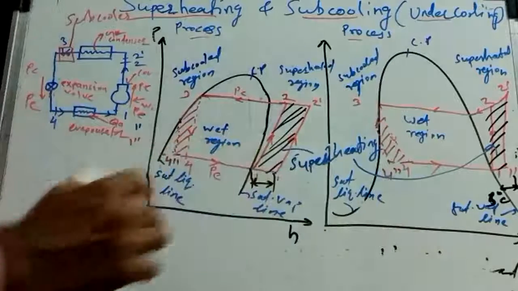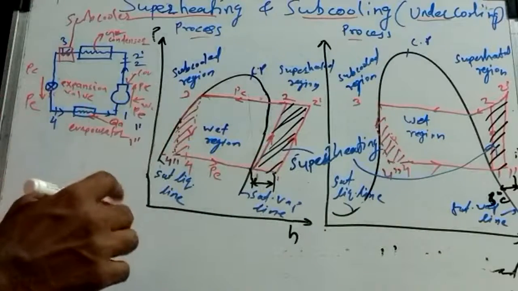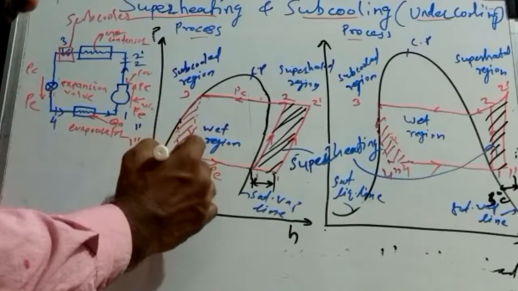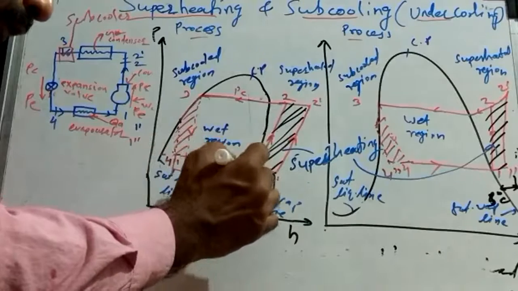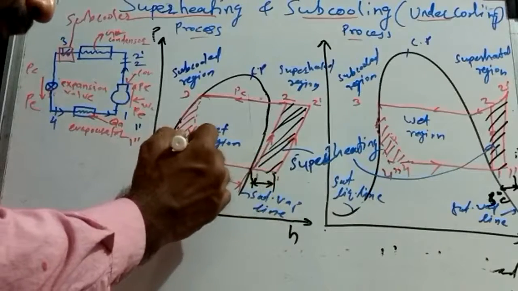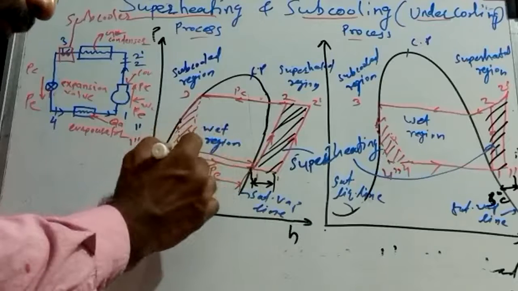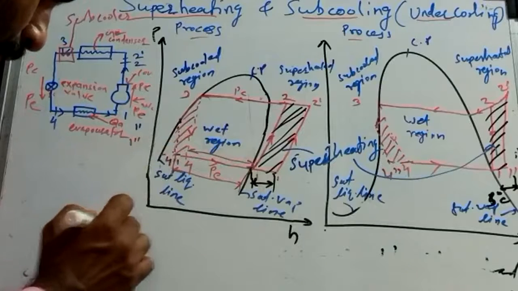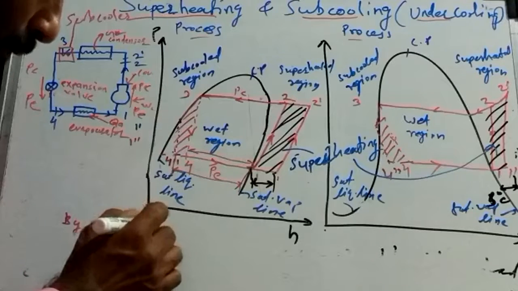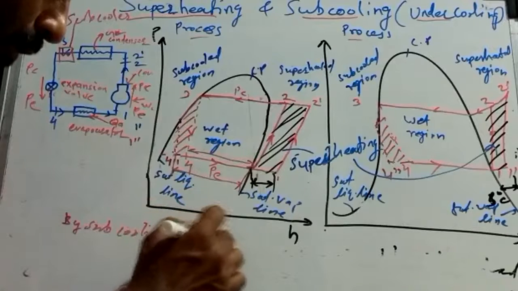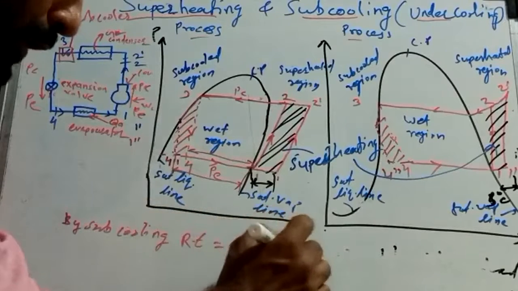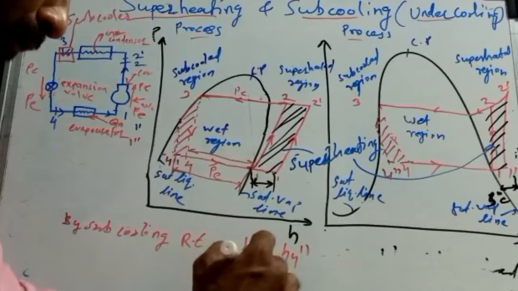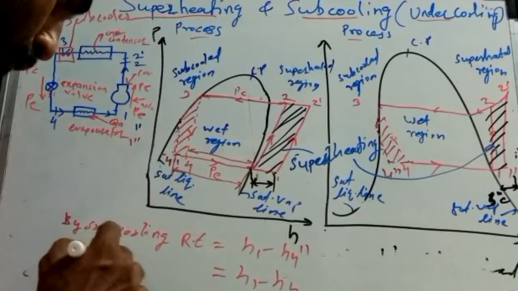By flashing out the liquid refrigerant, the piston displacement again increases, right? The refrigeration effect with subcooling compared to without subcooling will be like this. With subcooling, the refrigeration effect will be H1 minus H4 double dash, and without subcooling it will be H1 minus H4.